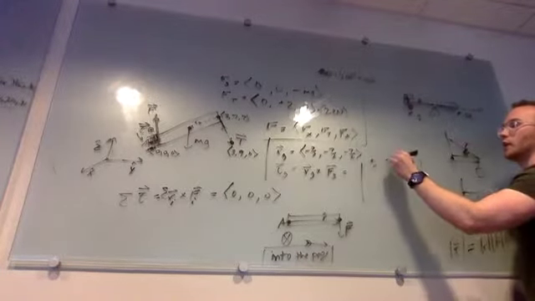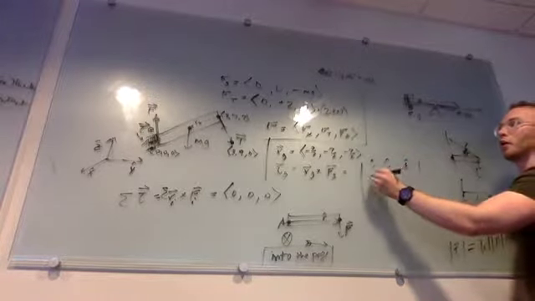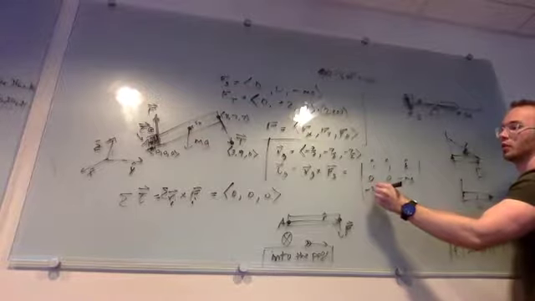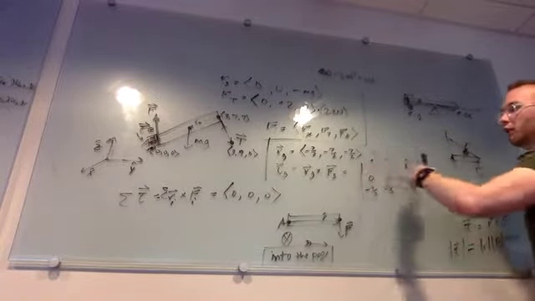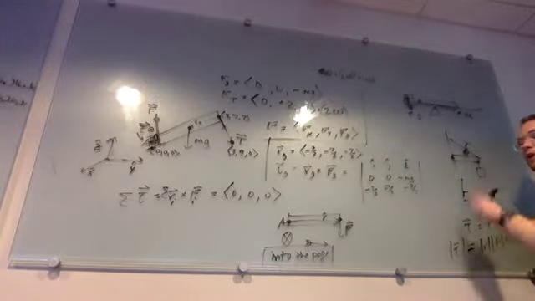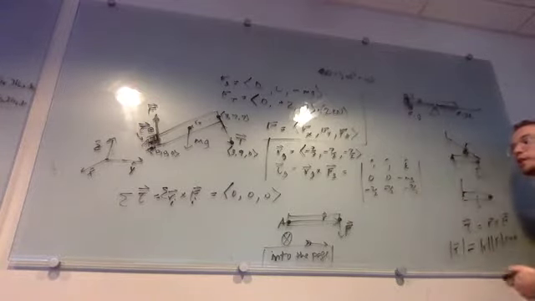So I'll write it all out here. If you know a shortcut, you're free to use it. It actually becomes a little easier because there's a bunch of zeros. So we wrote our R vector here, and we wrote our F vector here. Make sure, of course, that we have the X components and the Y components and the Z components.